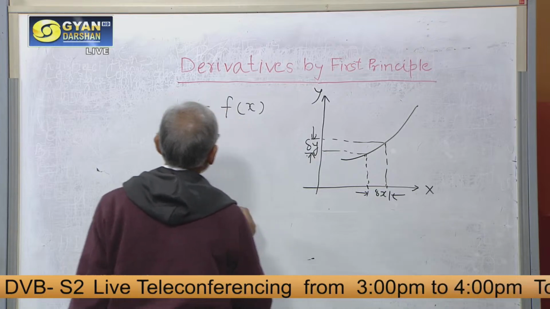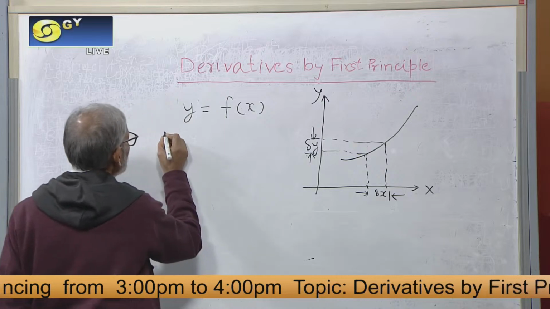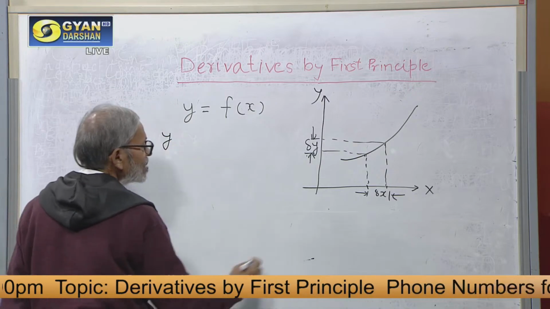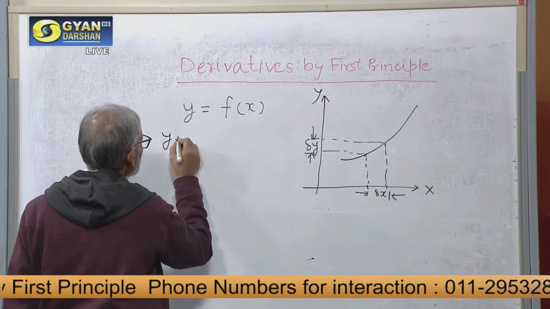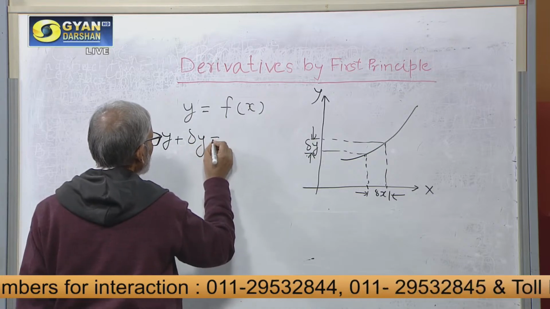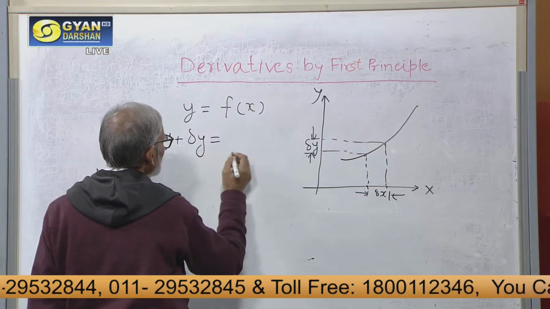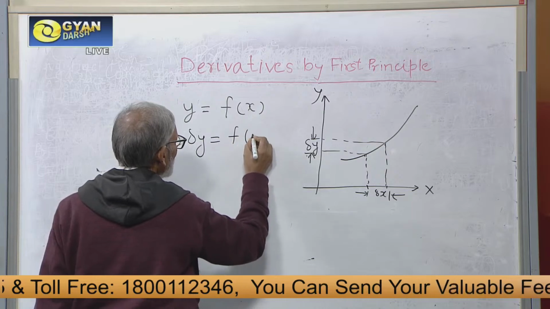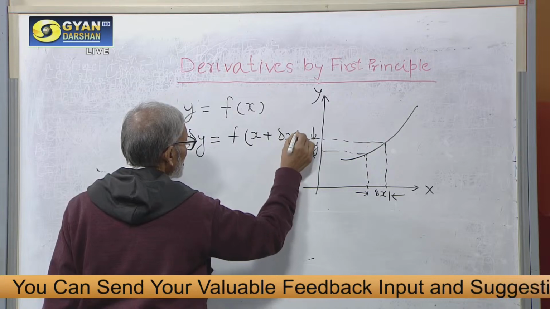So, the function is y is equal to f(x). When I give a small increment in the x axis, delta x, there will be an increment in the function, which we call y plus delta y, and it will be f(x plus delta x).